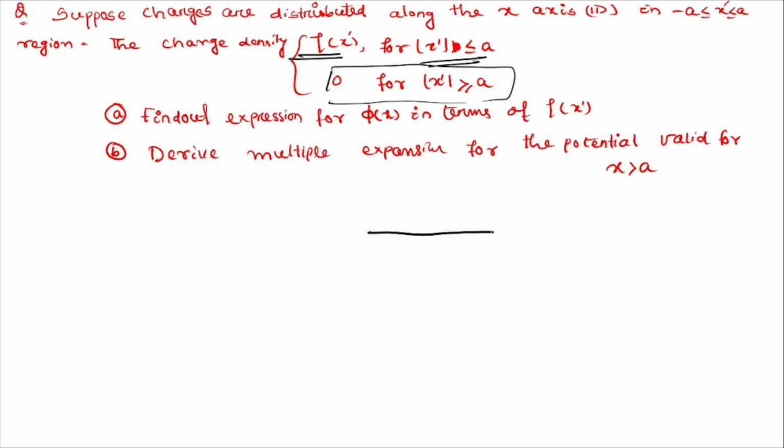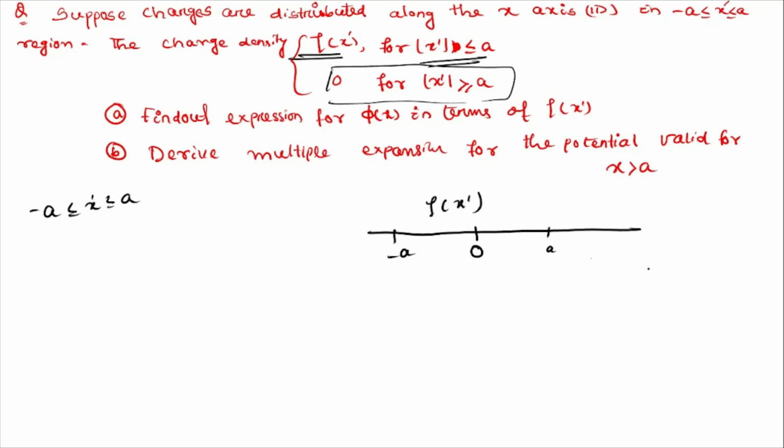First of all, let's say this is my origin, this is minus a and this is plus a, and this is the region where the charge density is present. In this region the charge density is rho x prime.